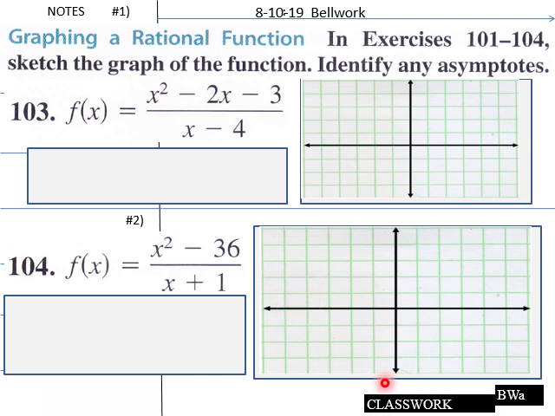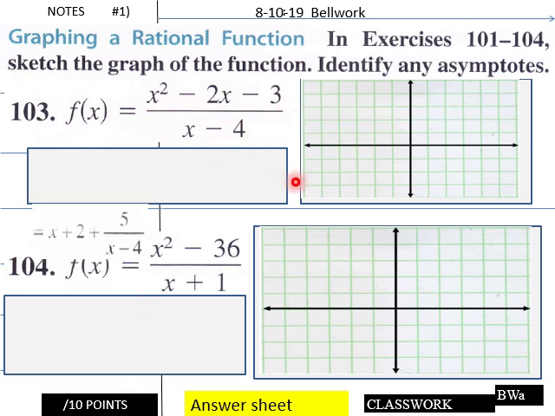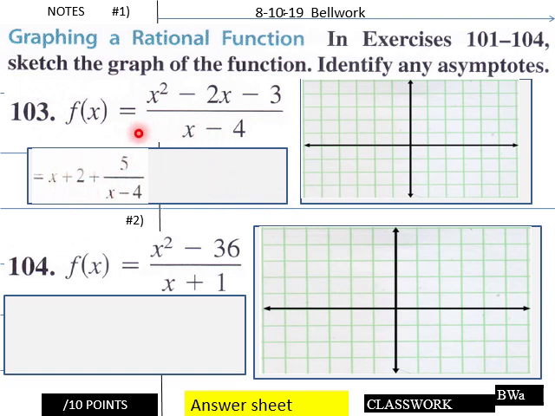Okay, welcome back for the solutions for today's bell work. 103 here, f of x equals x squared minus 2x minus 3 over x minus 4. So the quotient here will be x plus 2 plus 5 over x minus 4.